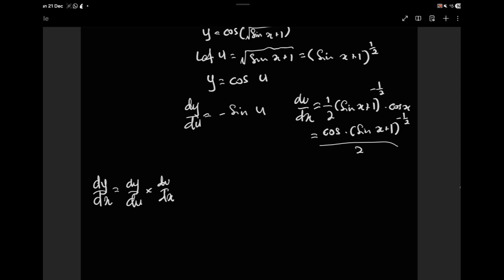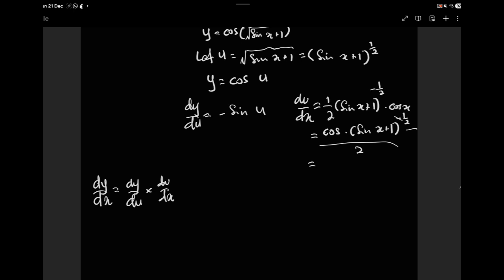And you can simplify it further. Because we have negative 1 over 2 here, first we have 1 over 2, we can change it back into square root, and because we have negative, we can put it at the denominator.